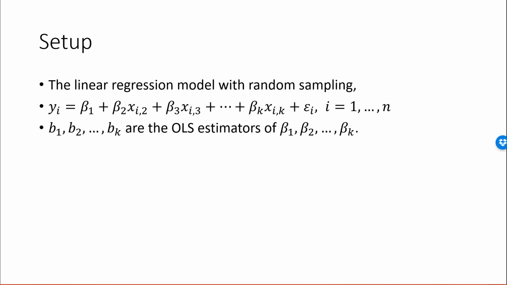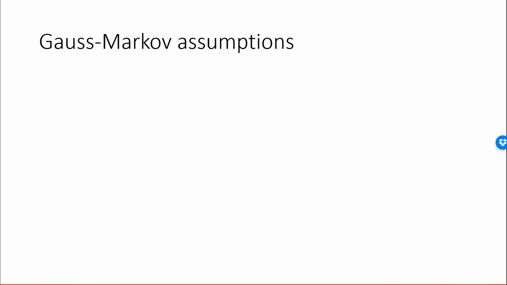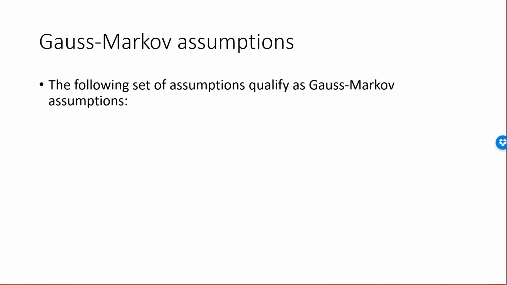Let's look at the Gauss-Markov assumptions in the case when we have several explanatory variables. The following set will actually suffice as the Gauss-Markov assumptions. First of all, the explanatory variables are exogenous.